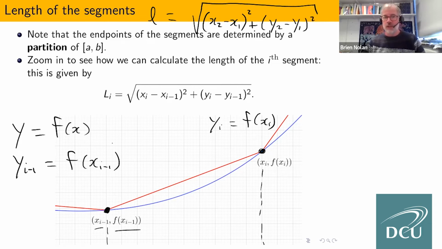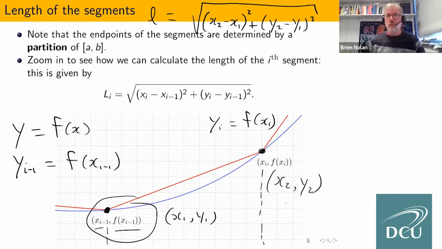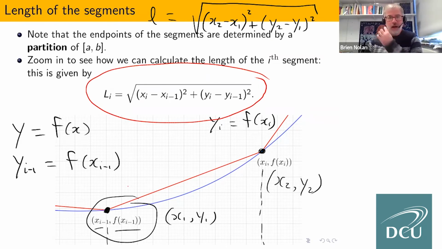What are the two points? I can think of this one as x1, y1 and this point as x2, y2. When I put in all of those values, I get that formula for the length of this straight line segment from x_{i-1} to x_i.